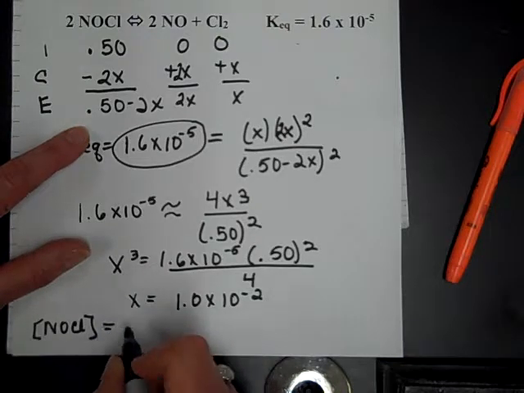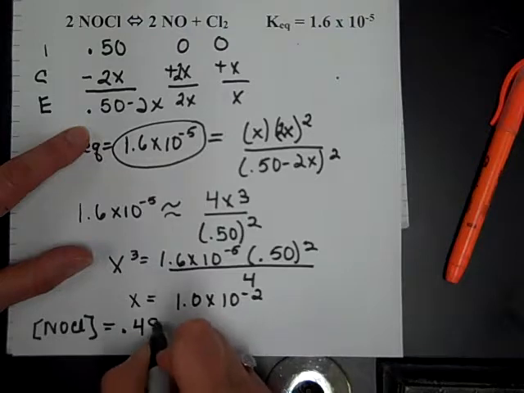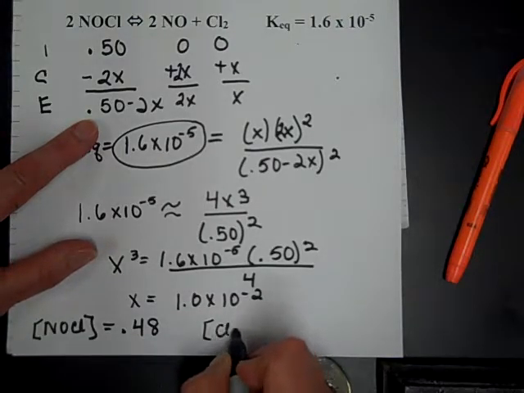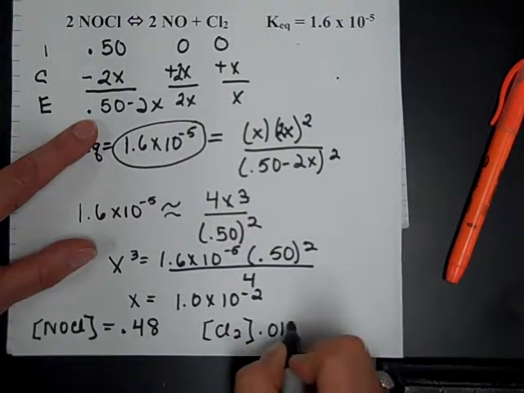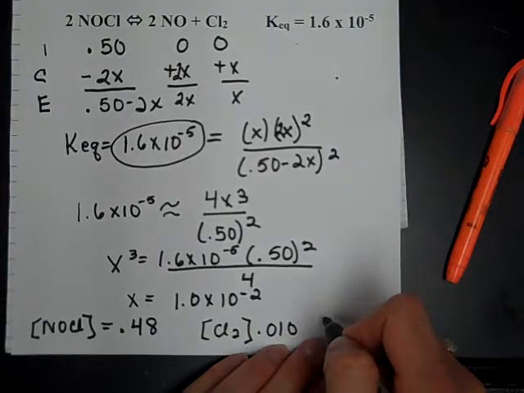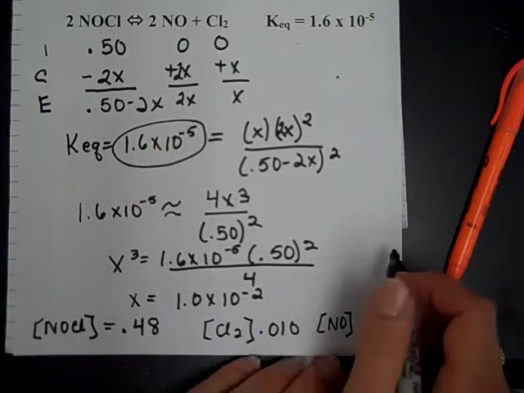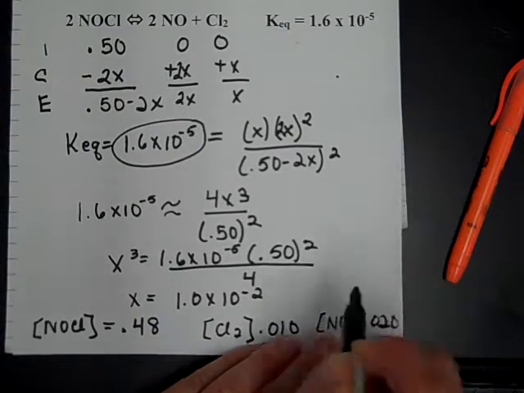So this is going to be, the NO is going to be 0.48 because it's 0.50 minus 2x. The Cl2 is just going to be x, so that's going to be 0.010. And the NO is going to be 2 times x, so that's going to be 0.020.